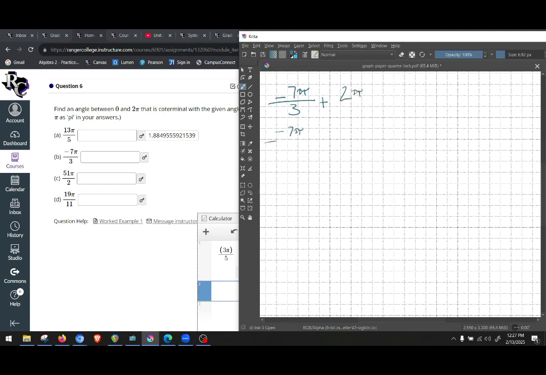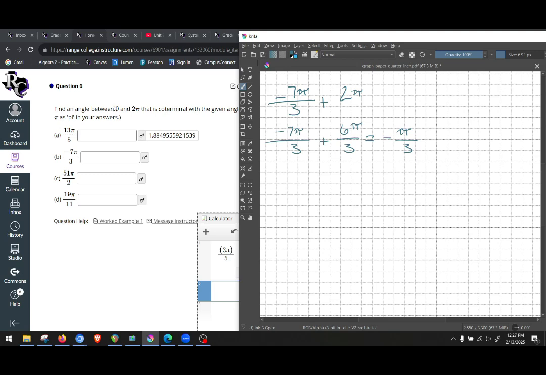Common denominator, do the same thing on top. So that's a negative pi over 3. Well, negative pi over 3 is less than 0. Any negative number is less than 0.